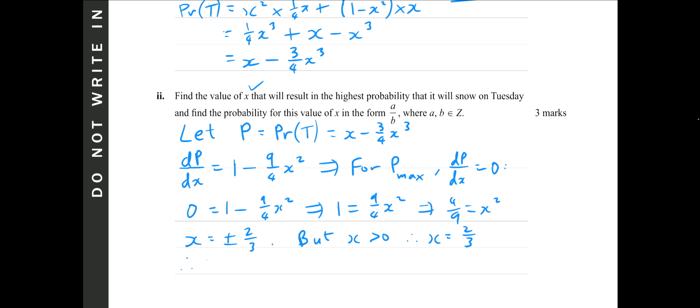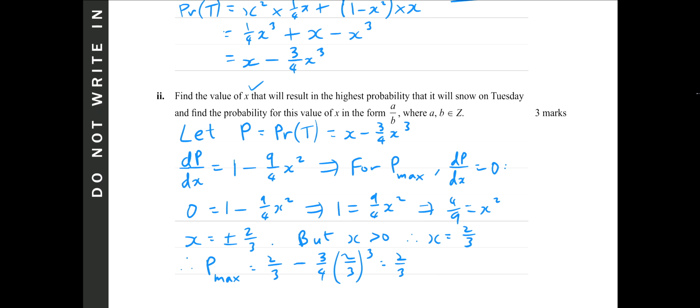So our actual max probability is the value of P when x is 2/3. So that will be 2/3, which is x, minus 3/4 times x cubed, which is 2/3 cubed. So now we just need to work out this quantity here.